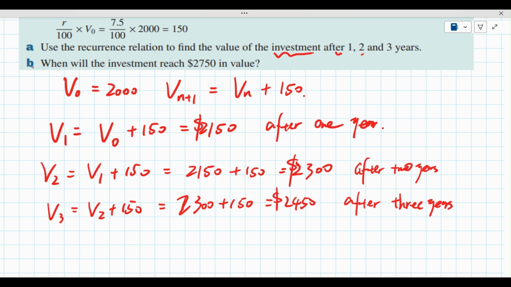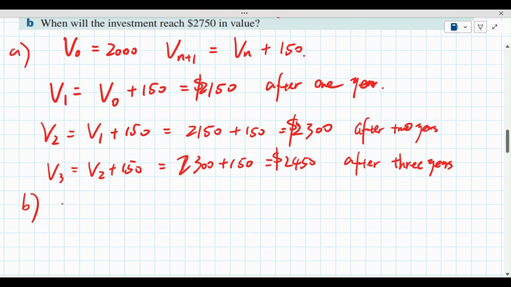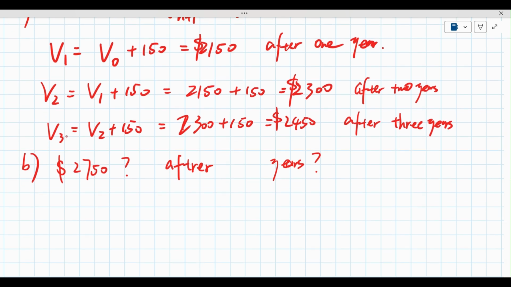Question B: when will the investment reach $2,750, after how many years? We just keep adding. After 3 years we have 2450, so V4 equals V3 plus 150, which is 2600 after 4 years.